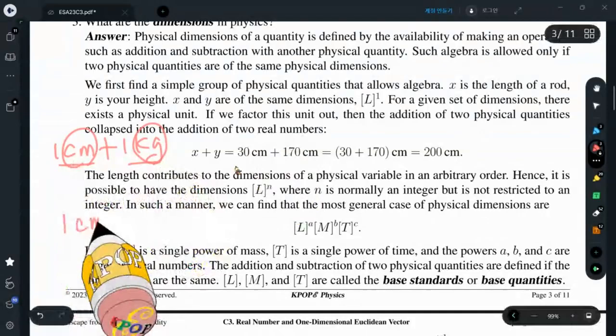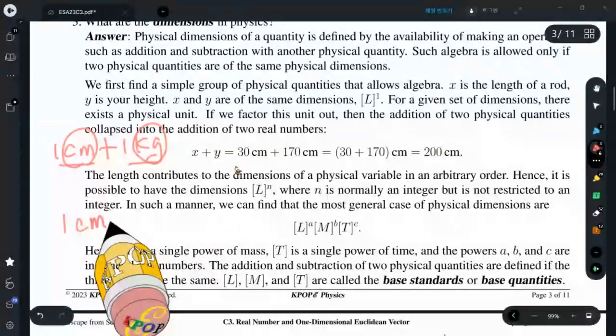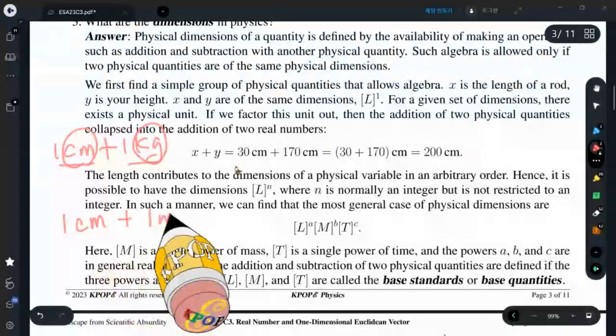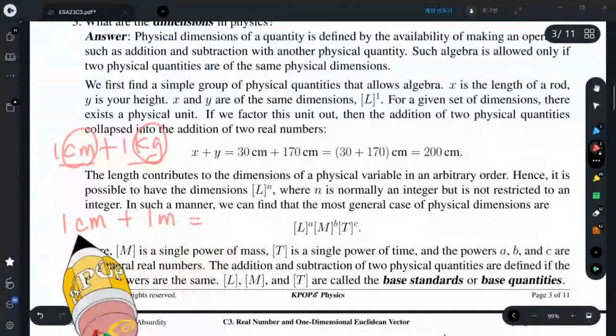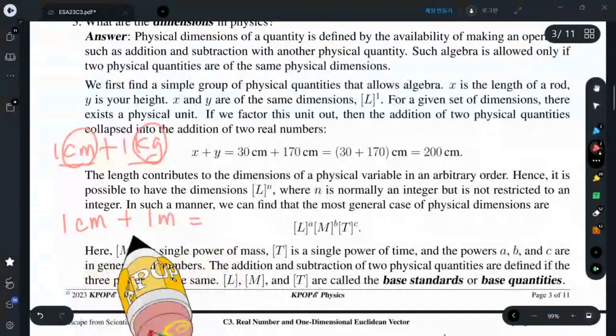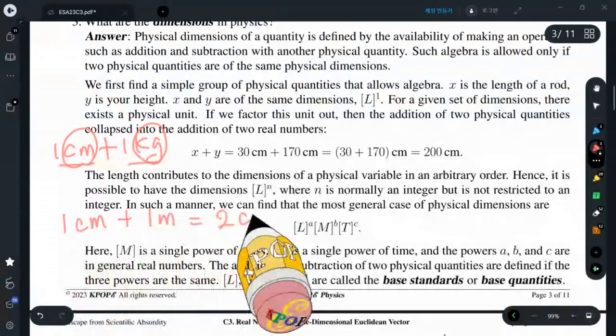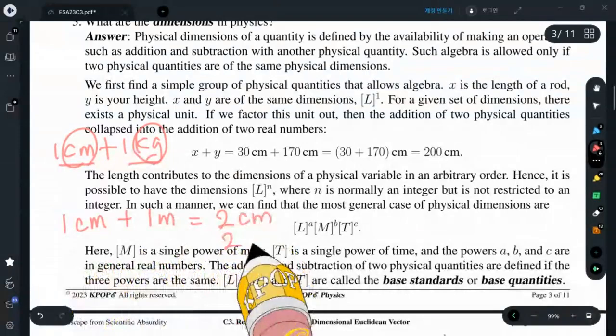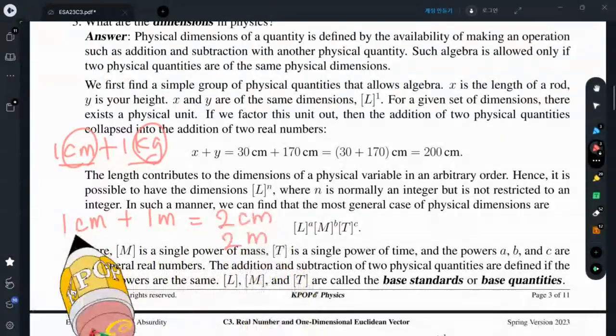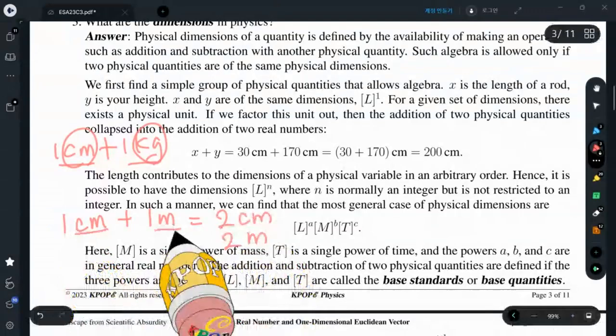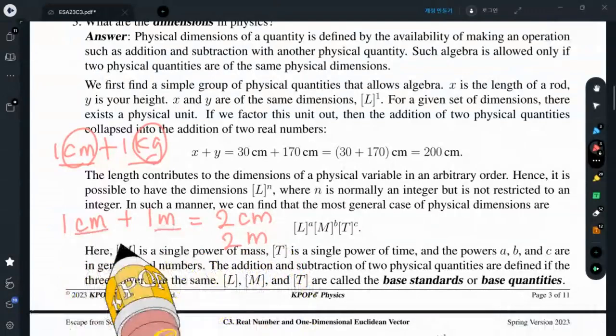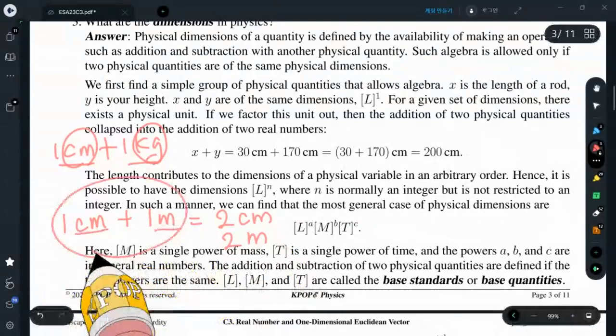It's fine. I can add 1 centimeter and 1 meter. But although it is allowed, the result is neither 2 centimeter nor 2 meter. We should unify the dimensions, unify the unit.